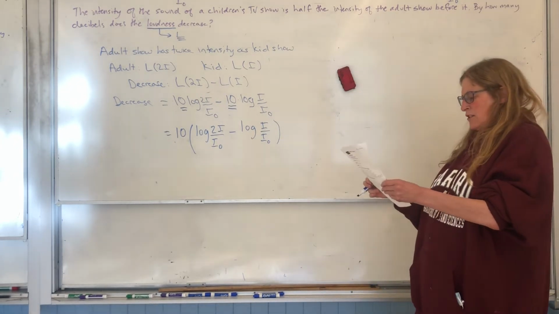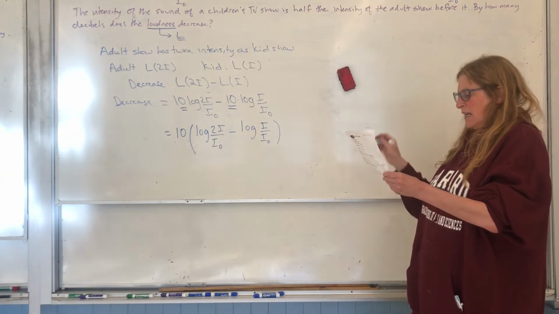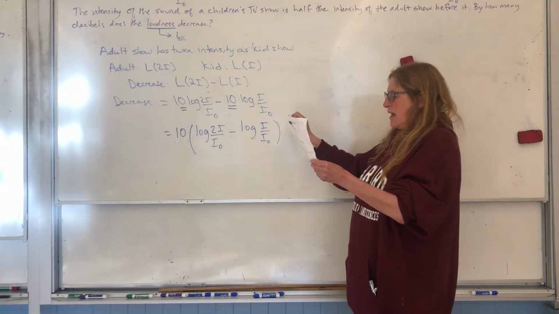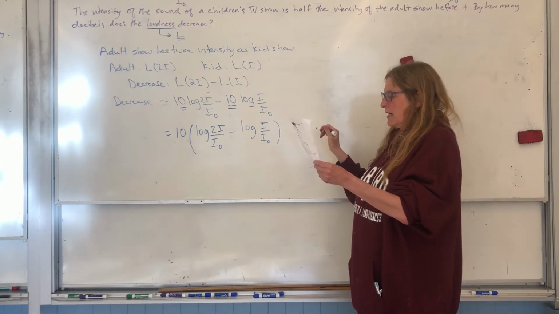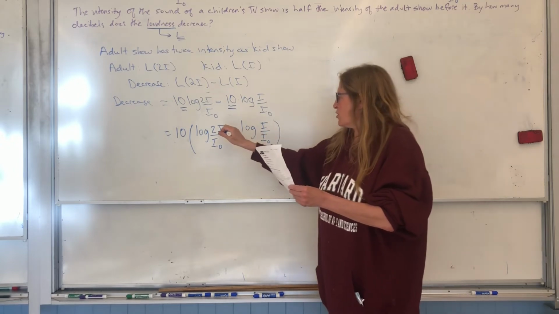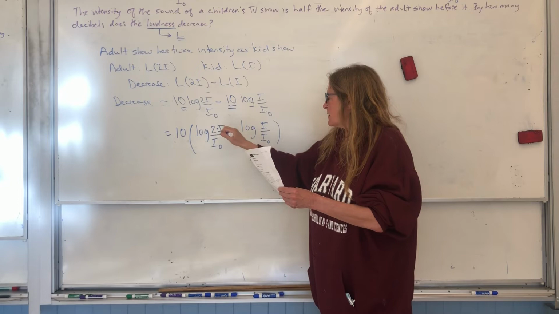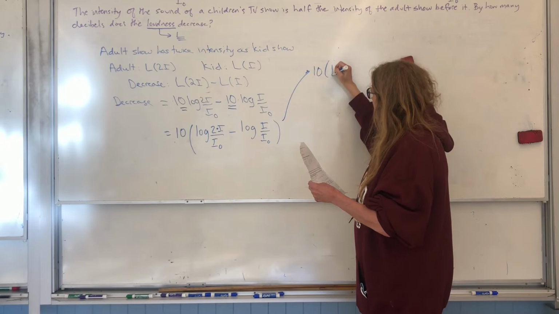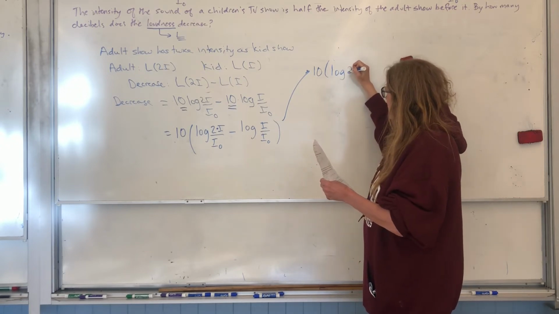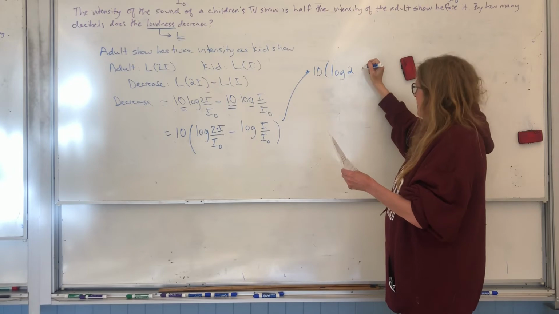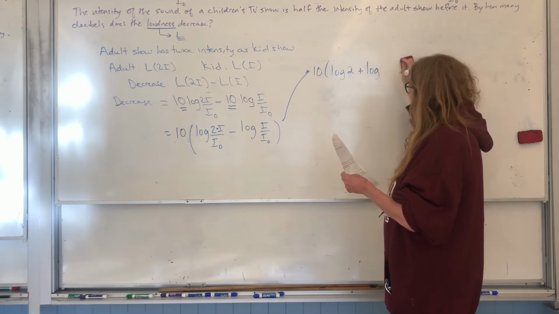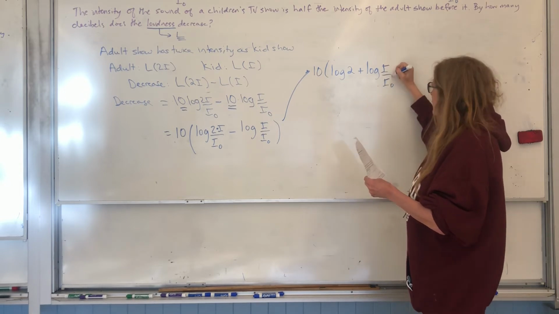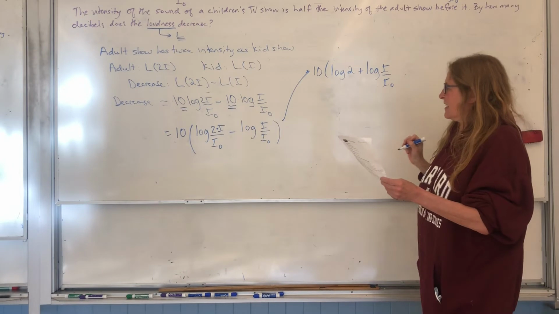Now I want to use my quotient and product property rules. This is 2 times I, so I'll keep the 10 out here. This is equal to log of 2 plus log of I over I sub O.